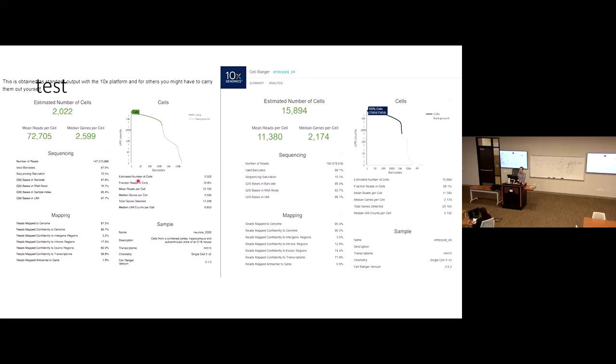These are examples. This data only has 2,000 cells, and this one has 15,000 cells measured. And then you see this quick drop, this separation between empty droplets and droplets with cells. Very clear cut in the middle.